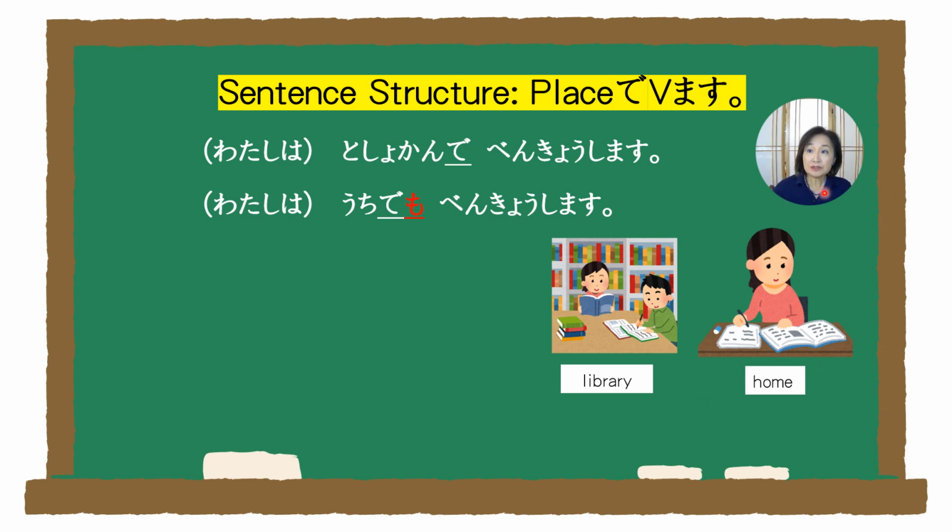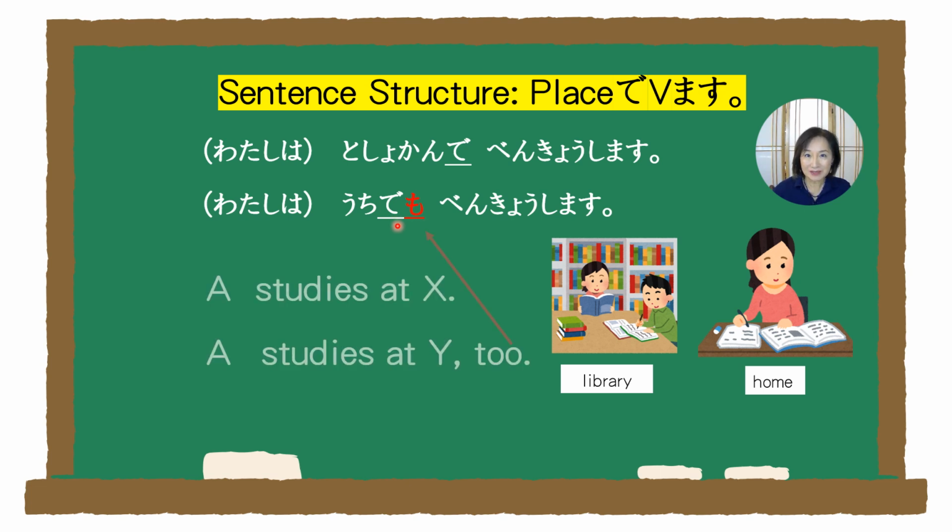When you introduce a new location, you add も without replacing the original particle で. This combination is what we call double particles. 私は図書館で勉強します。I study at the library. 私は家でも勉強します。I also study at home.